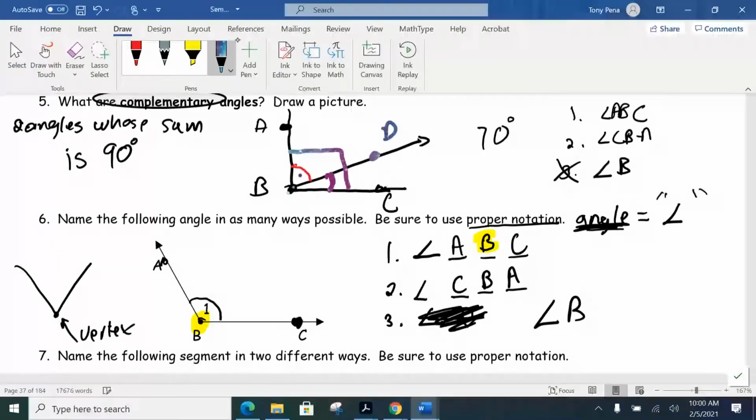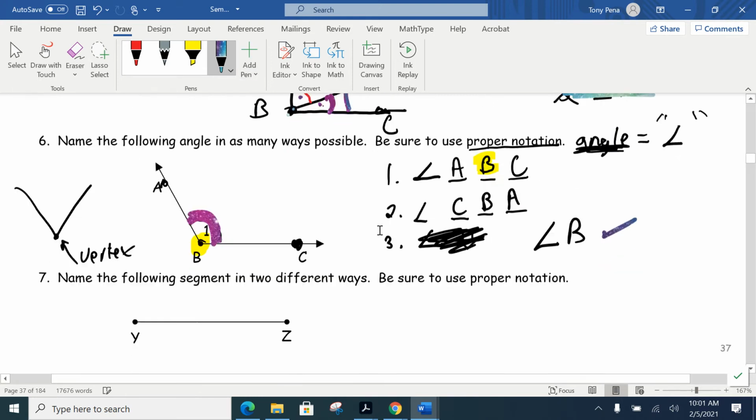So there's 3 different angles, this little red one, the little purple one, and the big purple one. So since there's 3 different angles in B, we couldn't use this notation for this one. We have to be now specific with 3. Since there's only one angle formed here, we could, if we want, just call that angle B. Okay? So know that.